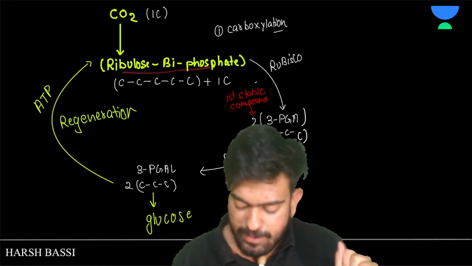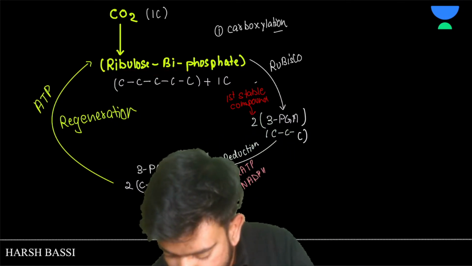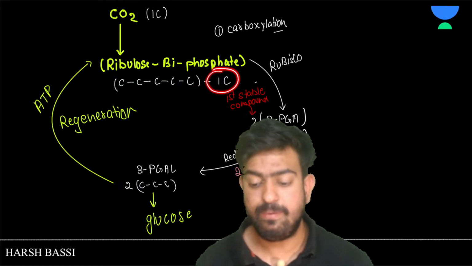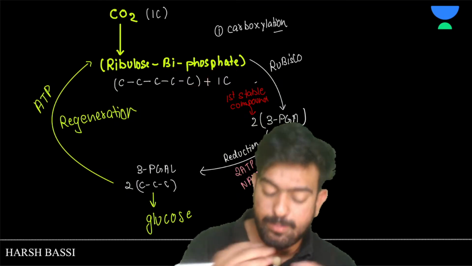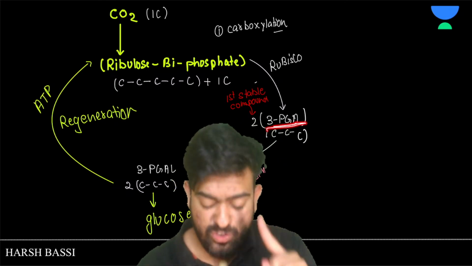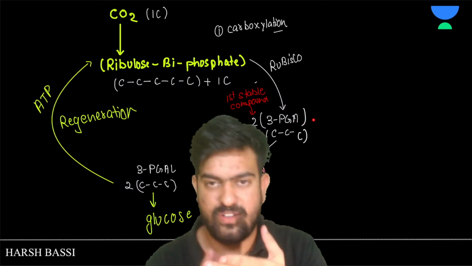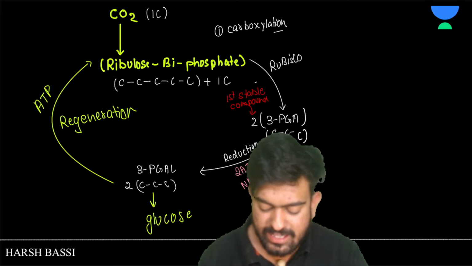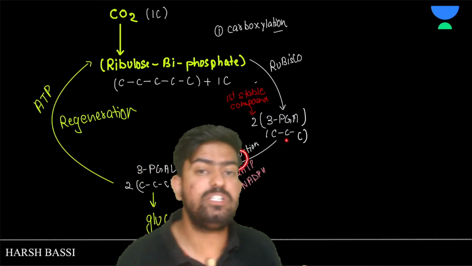RuBP was 5 carbon and 1 carbon came, so it became 6 carbon, which was very unstable. So it breaks into 3 PGA, which is phosphoglyceric acid. Each 3 PGA compound is of 3 carbon, so 2 molecules of 3 PGA are formed. Clear?